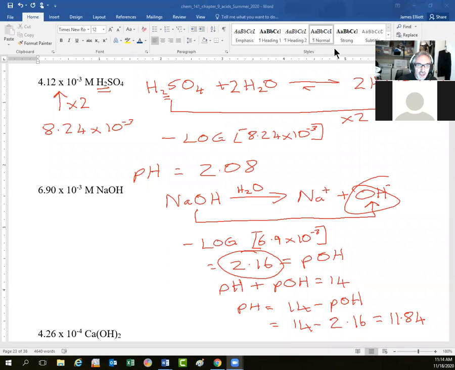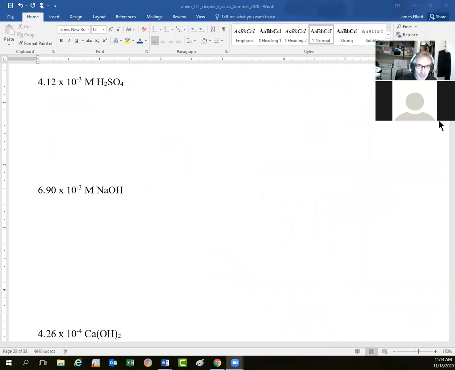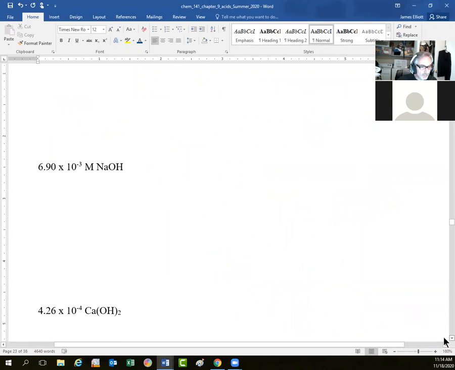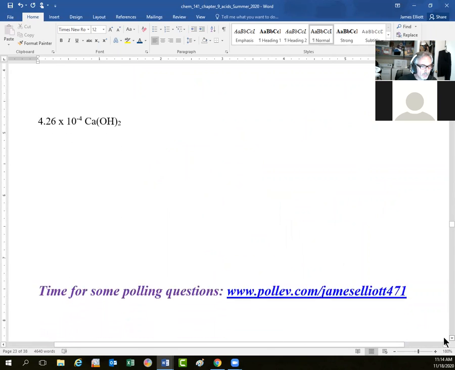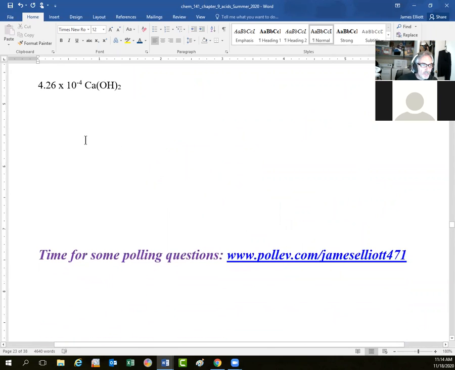Okay, I have to clear the screen at this point. Then we've got a third one at the bottom. So this time 4.26 times 10 to the negative 4 for calcium hydroxide. And of course, calcium hydroxide is a base, fairly strong.